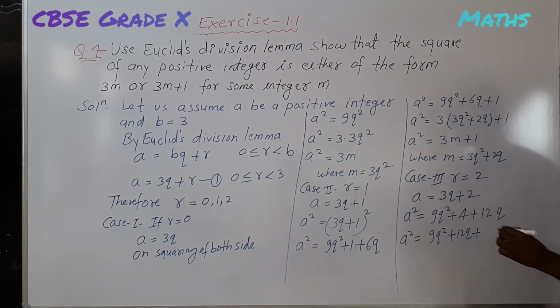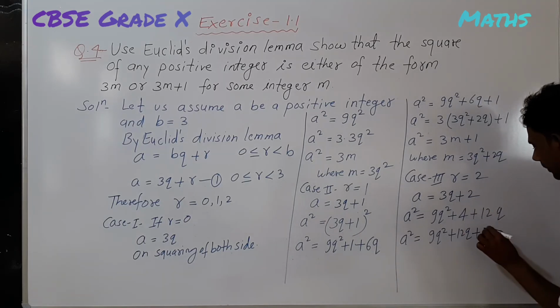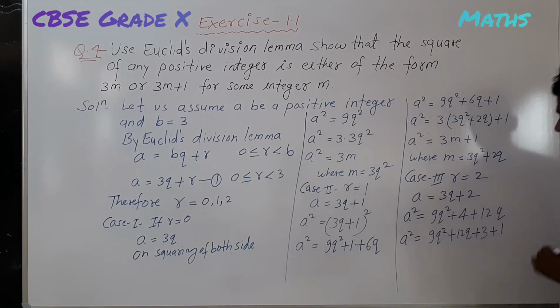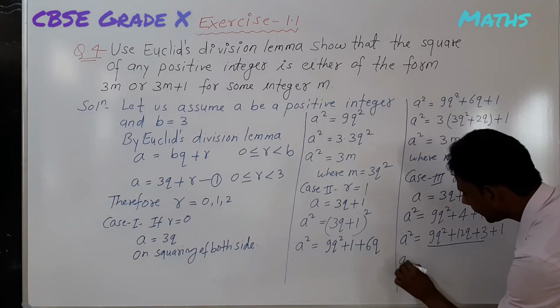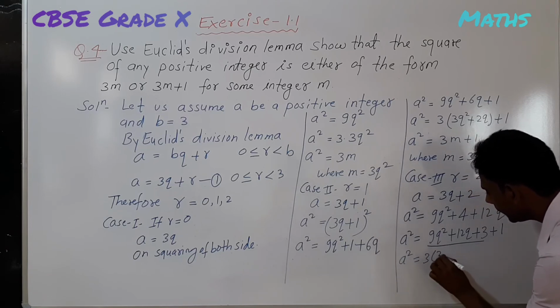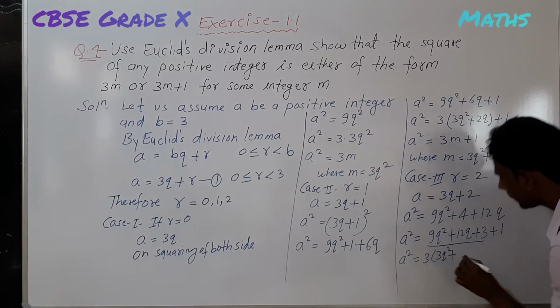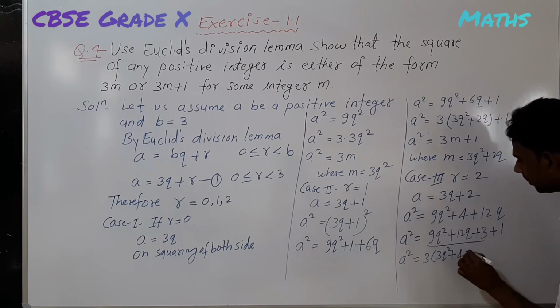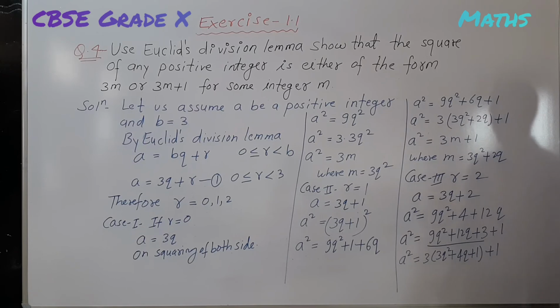We can write 4 as 3 plus 1. Now taking 3 as common, it will be 3 times 3q square plus 4q plus 1, plus 1.